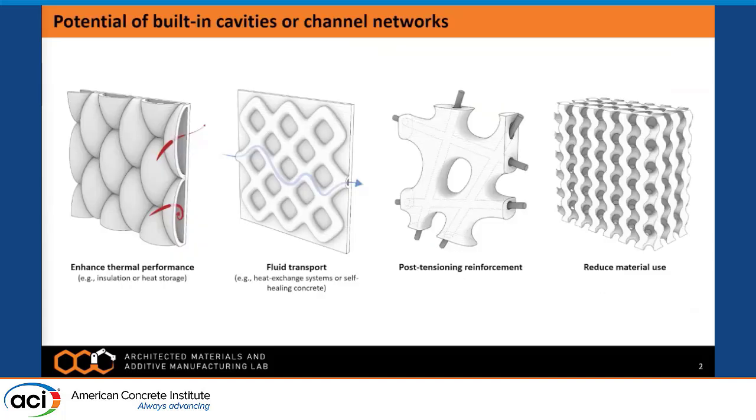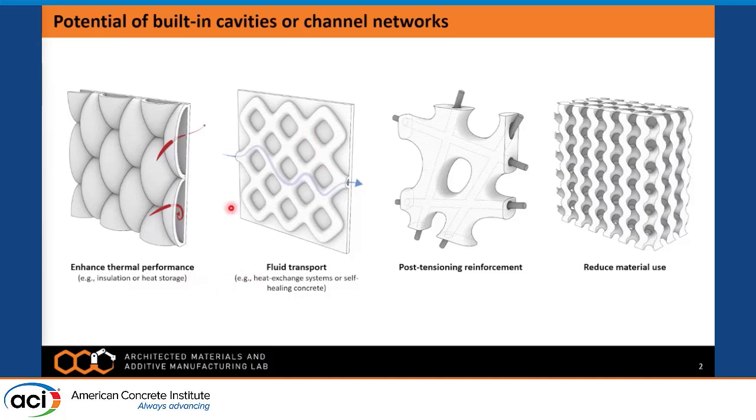Implementing channel networks into building materials or other internal cavities can be helpful in a wide range of applications. For example, they have the potential to increase a component's thermal performance by creating cavities in which you can insert insulation materials or phase change materials.